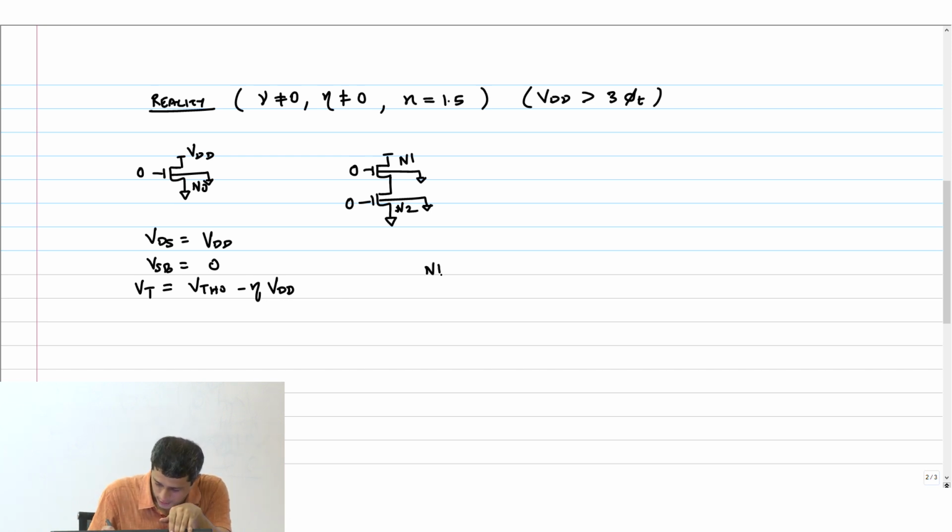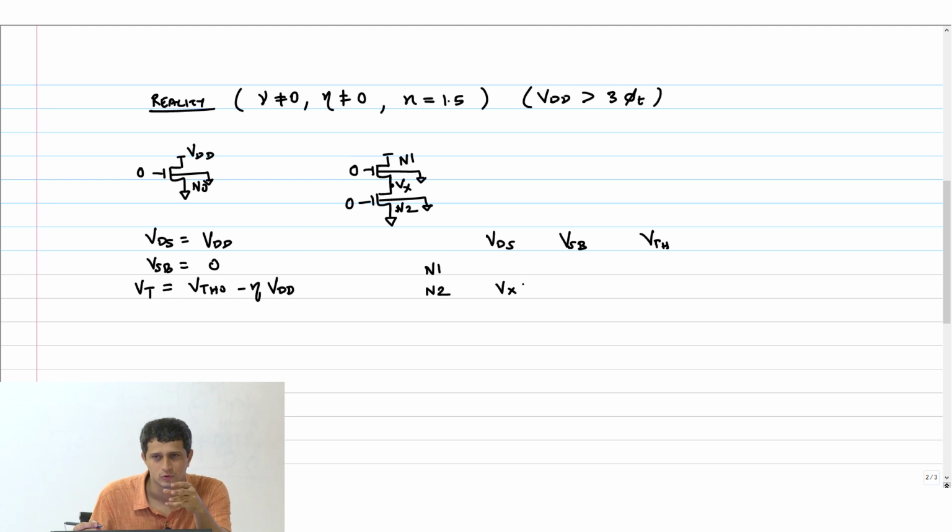Okay. Now we will write down the corresponding equations for these two transistor stack as well. Okay. N1, N2, VDS, VSB, and then VTH. Okay. What is VDS for N2? So this is, by the way, Vx. So for N2, what is VDS? Vx, right? And Vx is where?